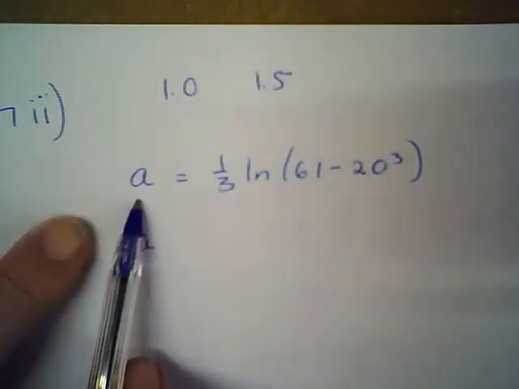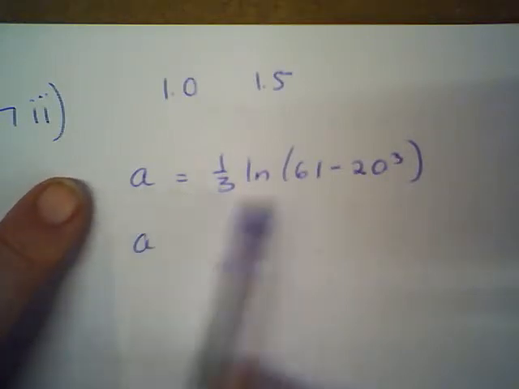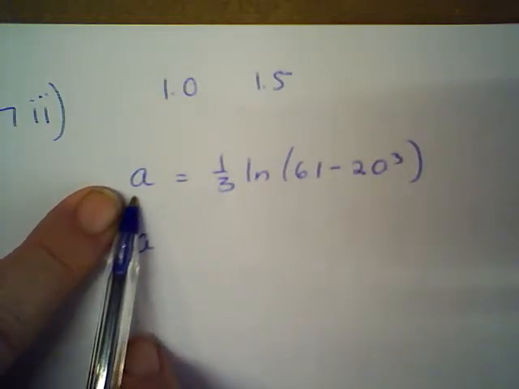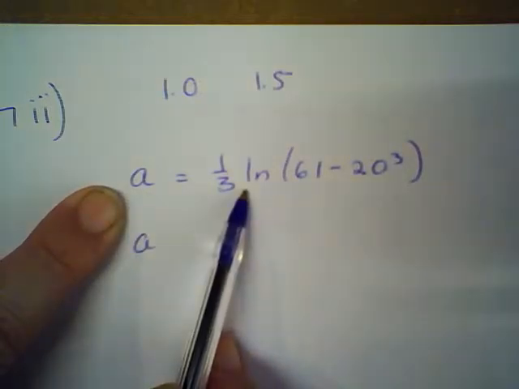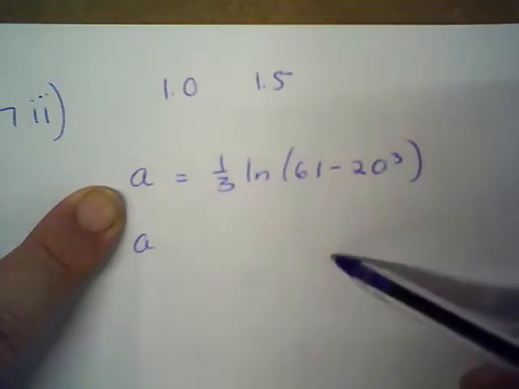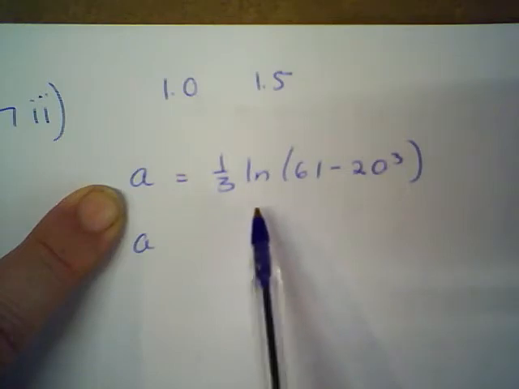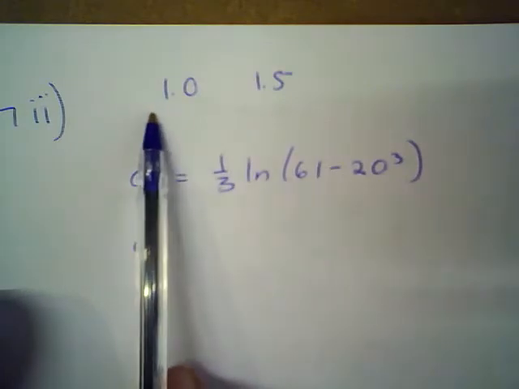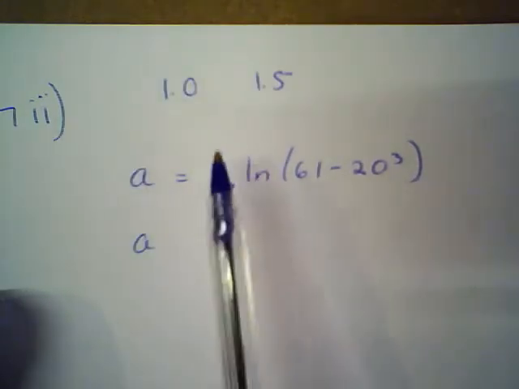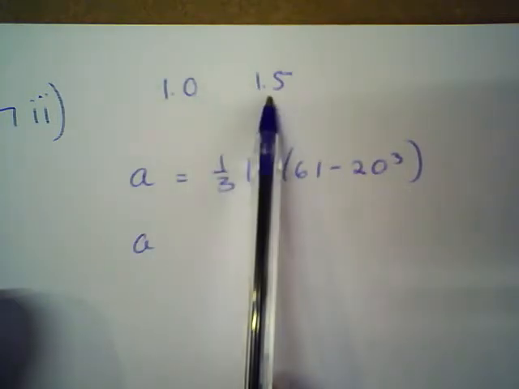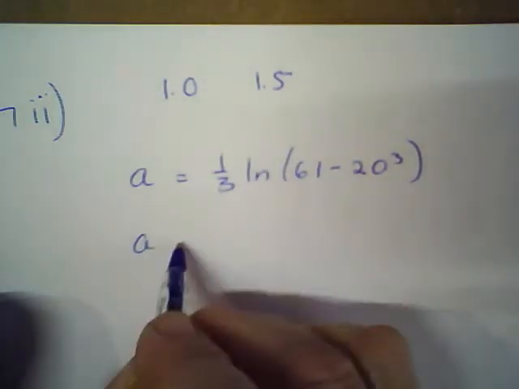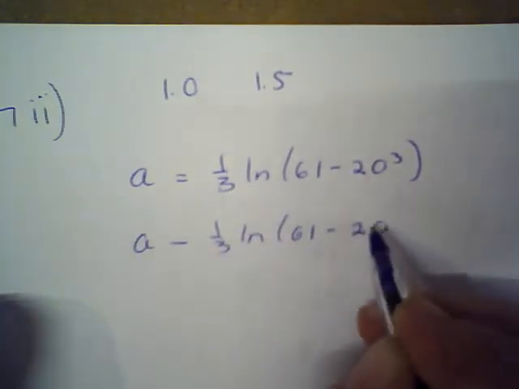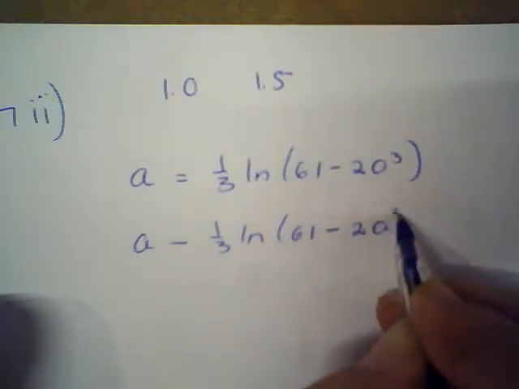So firstly, the function: a is a straight line, and the natural log is a natural log function, and we know that it will look something like that on an axis. And this is continuous between 1 and 1.5. So therefore, we can assume that there must be a change of sign to show that there's a root in between. Okay, so a minus 1/3 natural log of 61 minus 2a to the 3rd power.